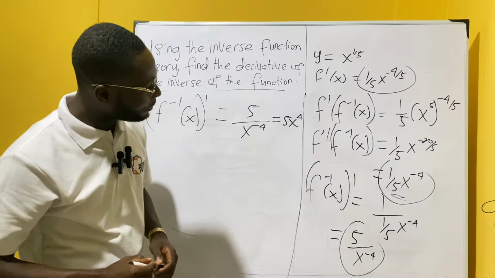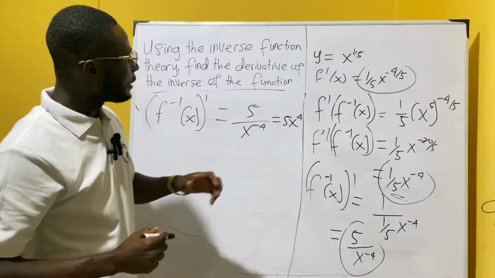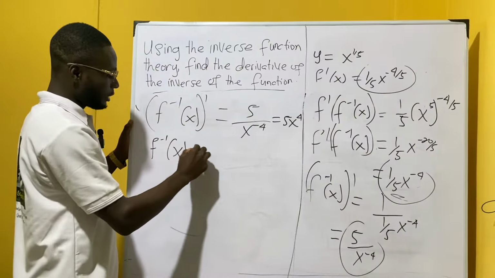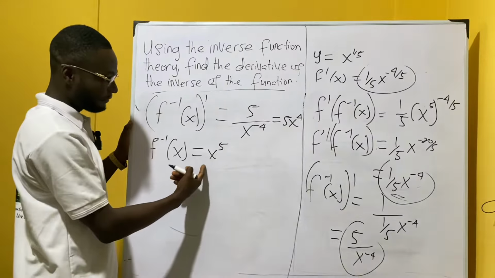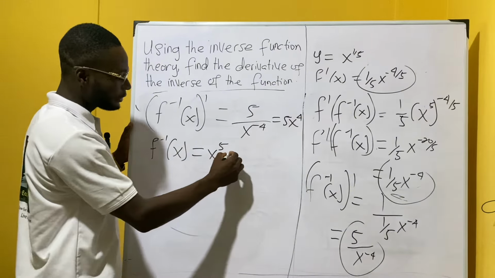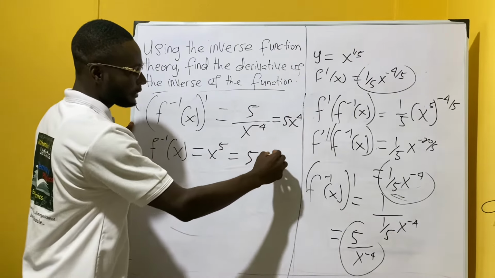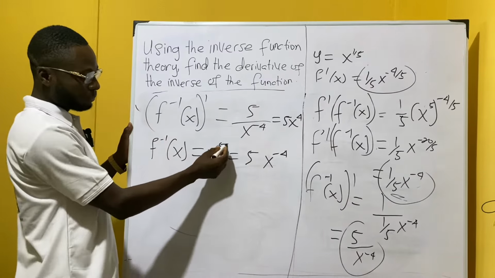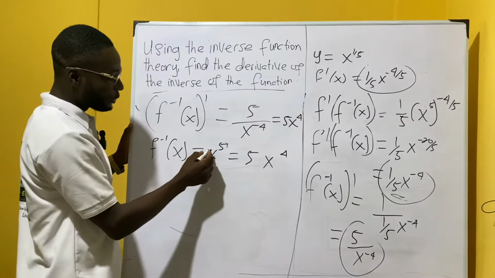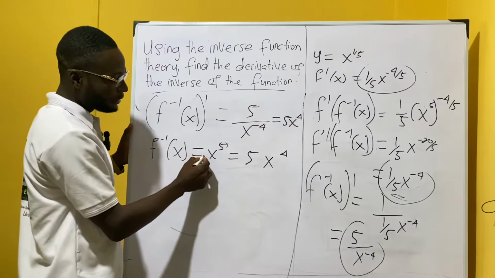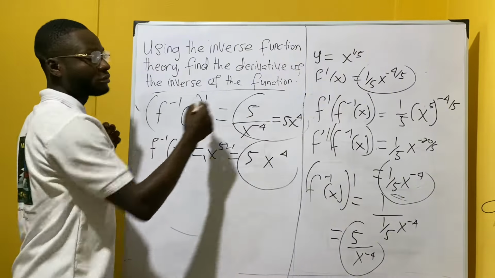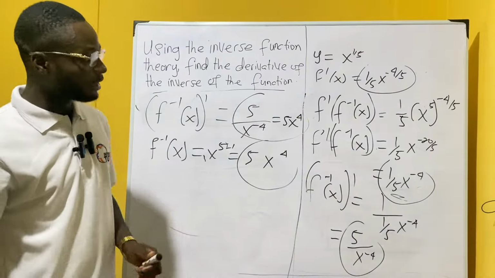Where is the inverse that we found? X to the power 5, right? The inverse was x to the power 5. So if we want to confirm this, then we find the derivative of this, and that will be equal to 5x to the power 4, sorry. So we bring the 5 here, and then we take 1 from this, and that is equal to this. And that is perfectly what we have here, which confirms our theorem, right?